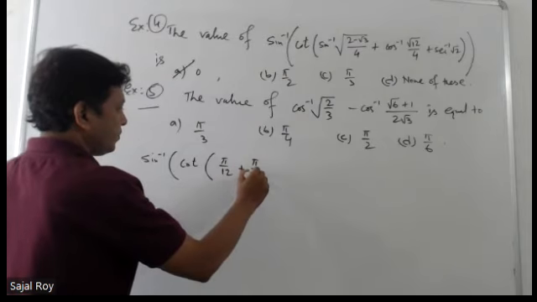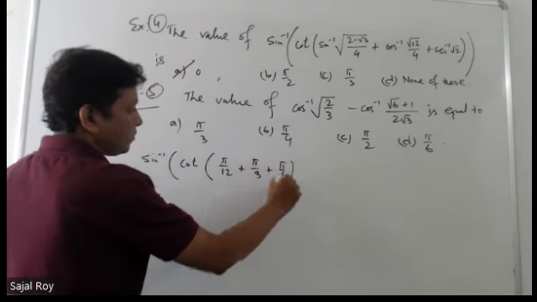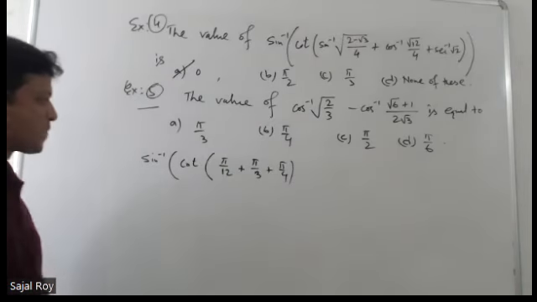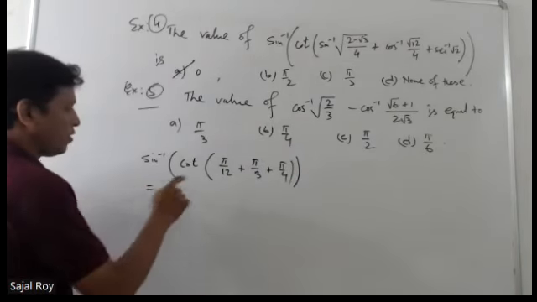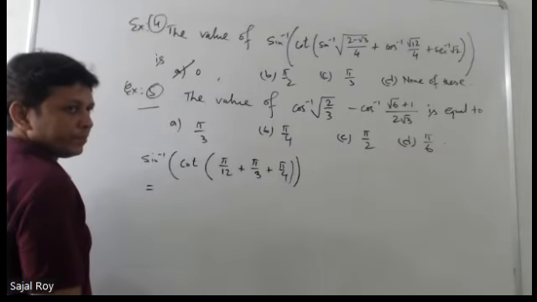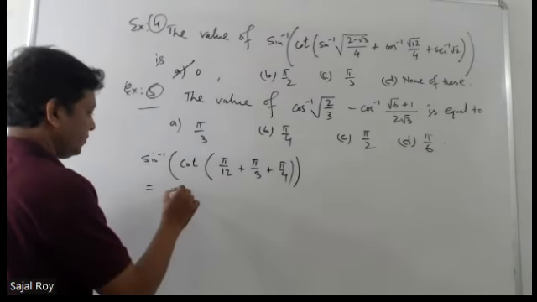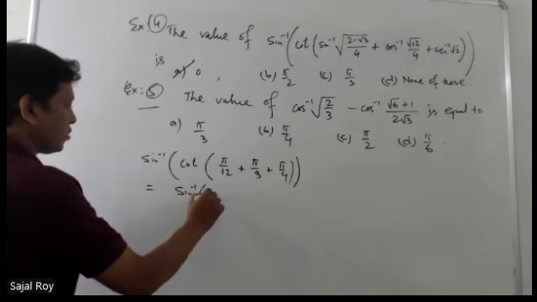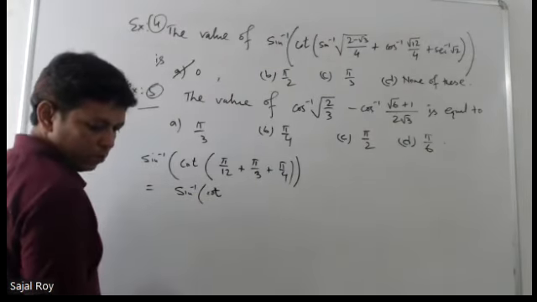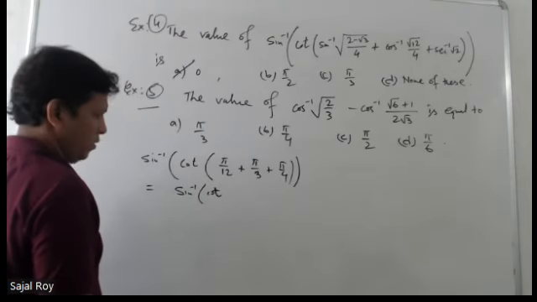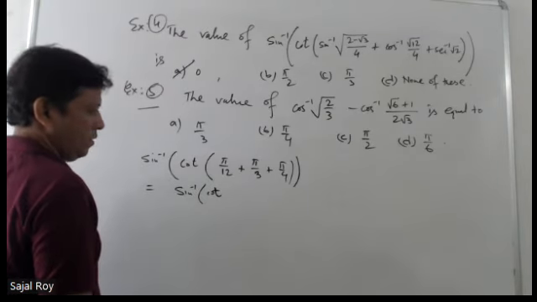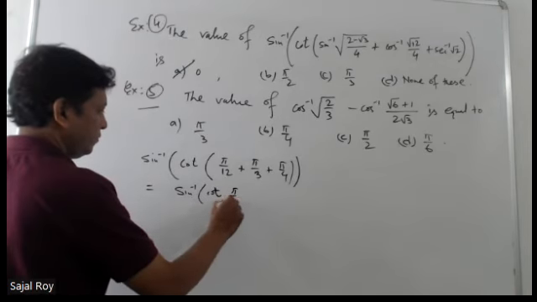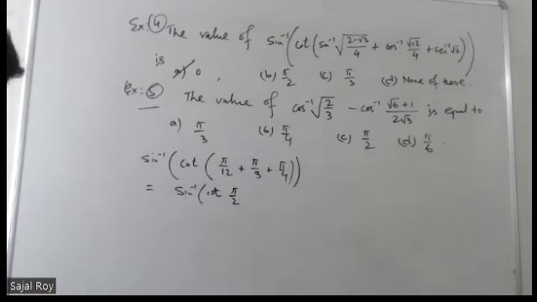What about the next one? Is it clear? So that will be equal to 2/3, inverse cot, cot pi by 2. Pi by 6, I think.